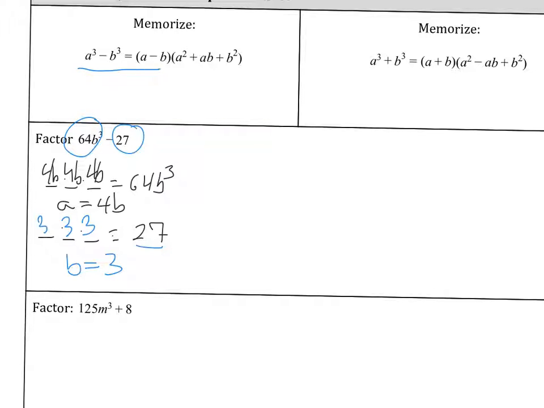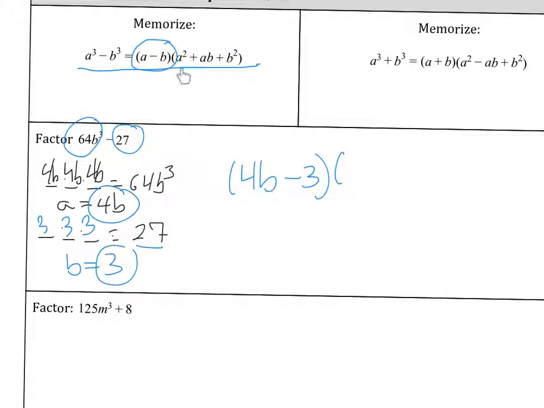Alright, so now that we know what we cubed to get 64, and what we cubed to get 27, we're going to go up here and use this formula. I'm going to start with a minus b. So that's going to be this minus this. Then I've got a squared, so we're going to square this thing. 4b squared is 16b squared.